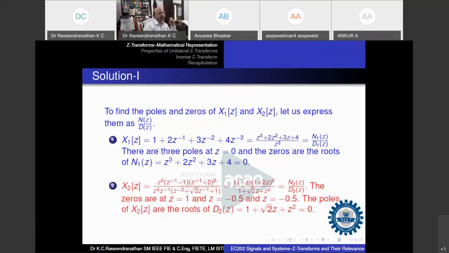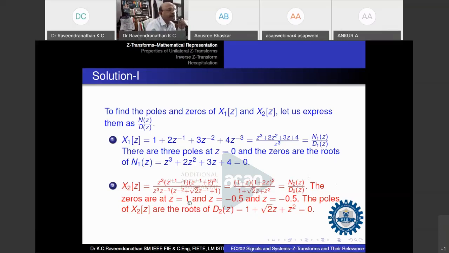In the latter case, X2 of z can again be represented by multiplying by z squared on both numerator and denominator. We get this form: 1 minus z into 1 plus 2z the whole squared, divided by 1 plus root 2 z plus z squared. So we again get the numerator by denominator polynomial form.